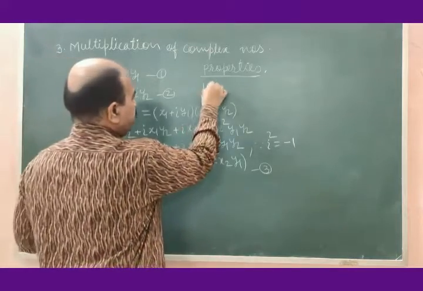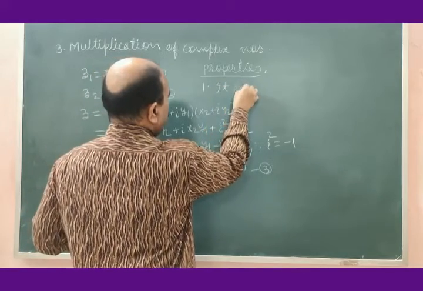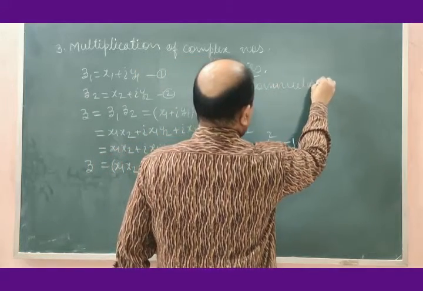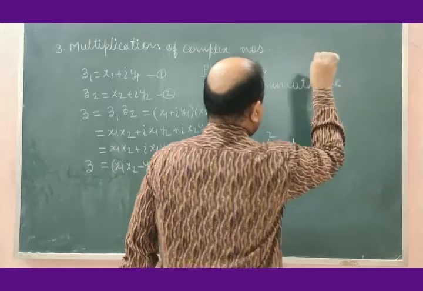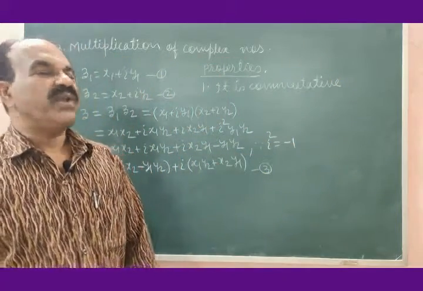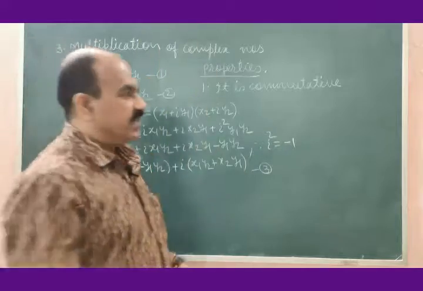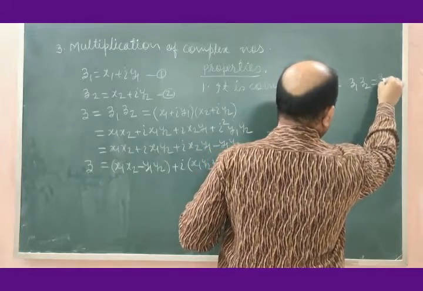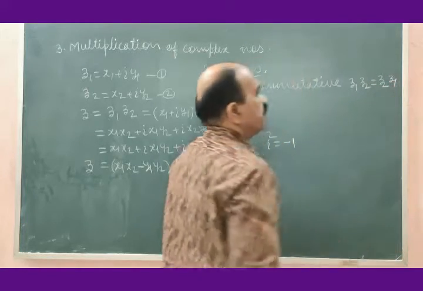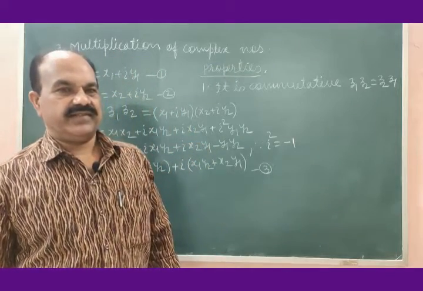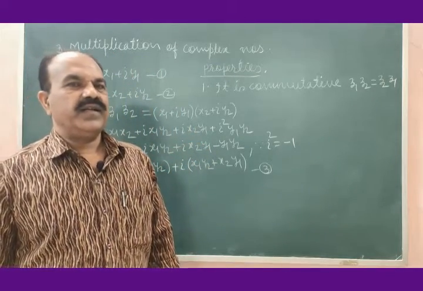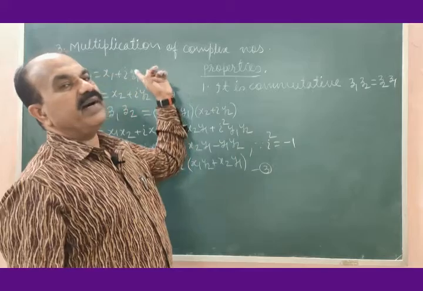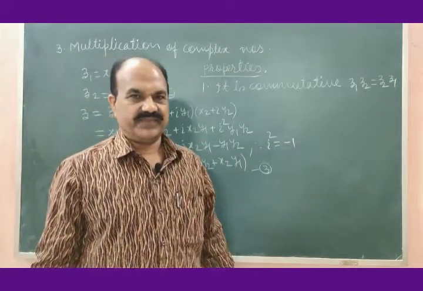The first property is that the product of two complex numbers is commutative, meaning that Z1 into Z2 is equal to Z2 into Z1. The commutative law of multiplication is obeyed by complex numbers.